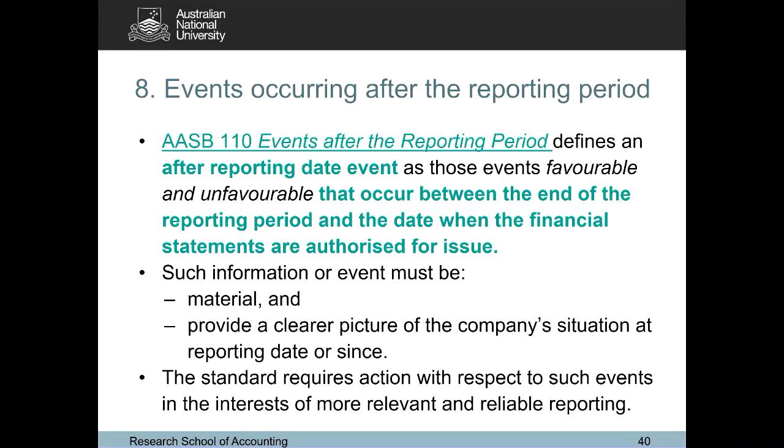Okay, here we are discussing two things. Events occurring after reporting period. And next one, we are discussing related party transactions. All right. You will find that interesting, fascinating, and also a little bit confusing. Let's see. So WSB 110 is discussing the events after reporting period.